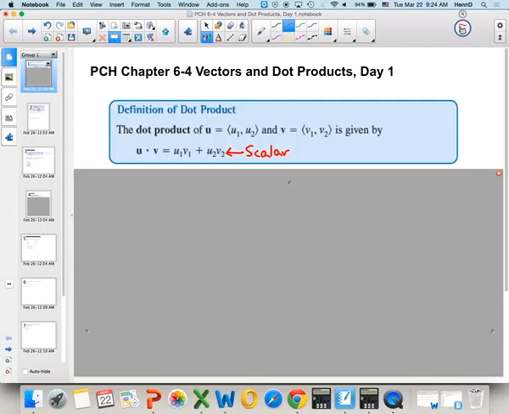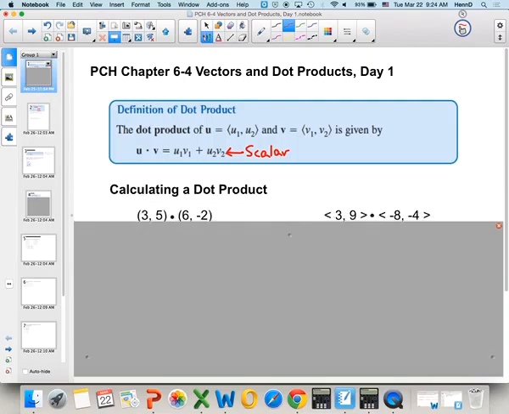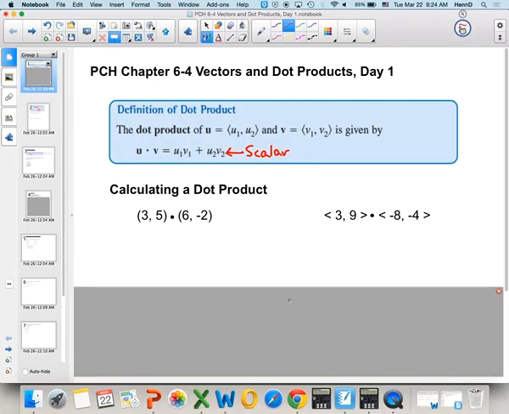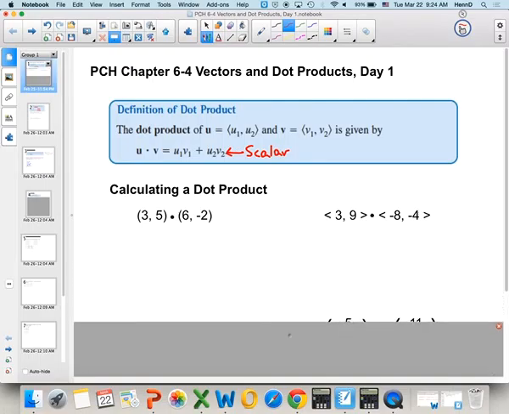So let's practice using this a little bit. Let's say that we have these 2 vectors here, 3, 5, and 6, negative 2. If I'm finding our dot product, I'm going to take 3 times the 6, the product of the horizontal components, plus 5 times the negative 2.